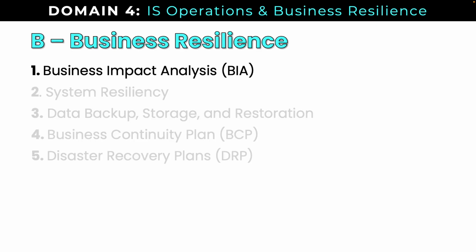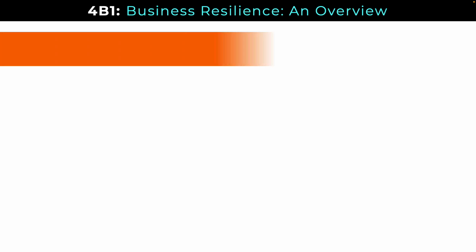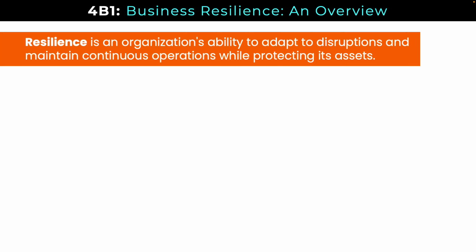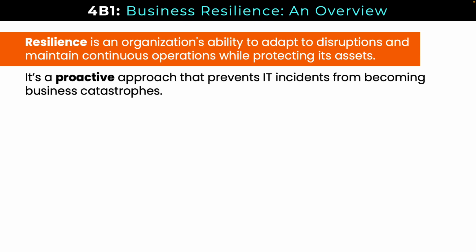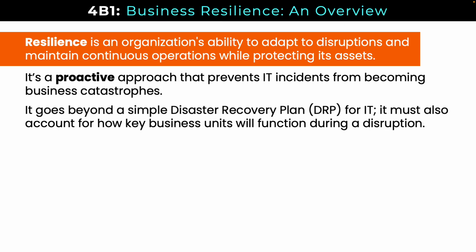So let's start with business impact analysis. In fact, let's discuss business resilience just to set a foundation here. Resilience is an organization's ability to adapt to disruptions and to maintain continuous operations while protecting assets. It's a proactive approach that prevents IT incidents from becoming business catastrophes. It goes beyond simple disaster recovery plans for IT.